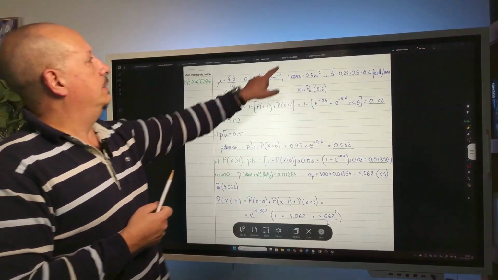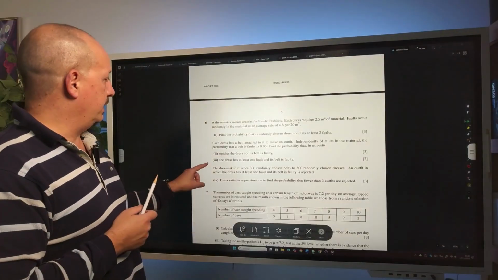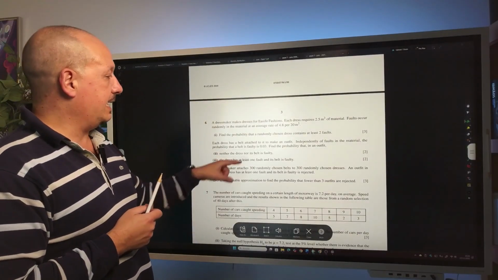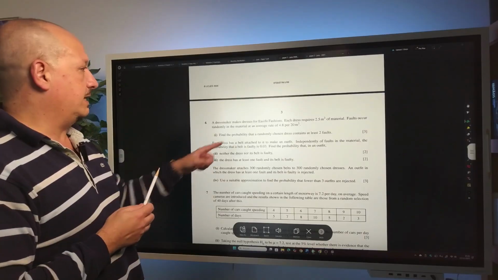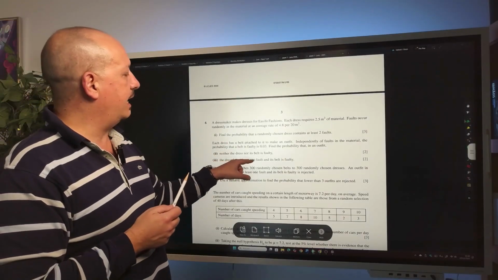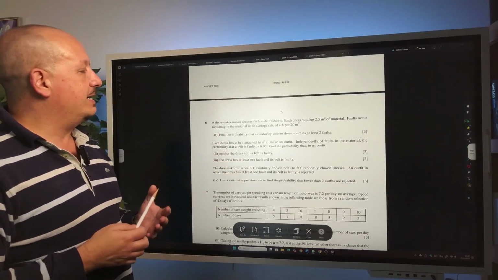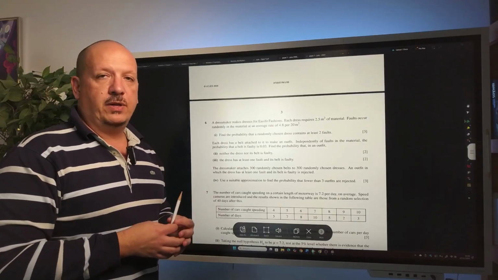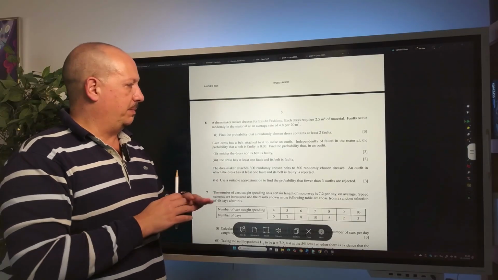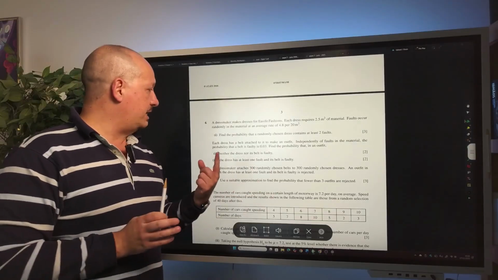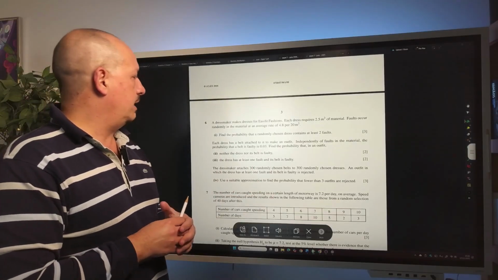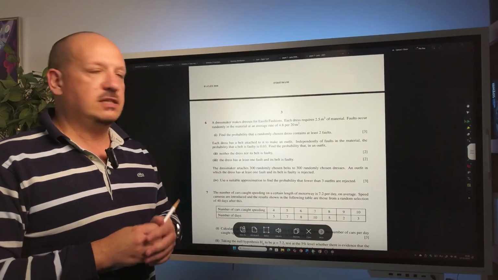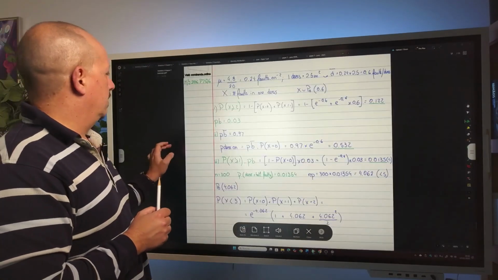Simple enough. Now, next one is the probability that in an outfit, the dress has at least one fault and its belt is faulty. So again, the probability that the belt is faulty, definitely, and at least one fault is found on the dress.